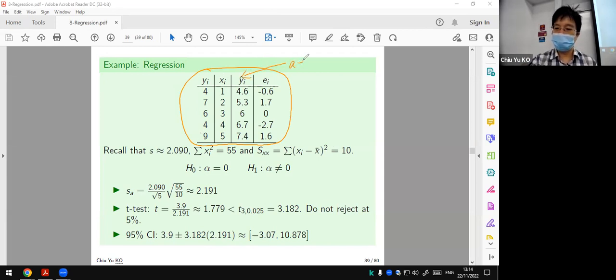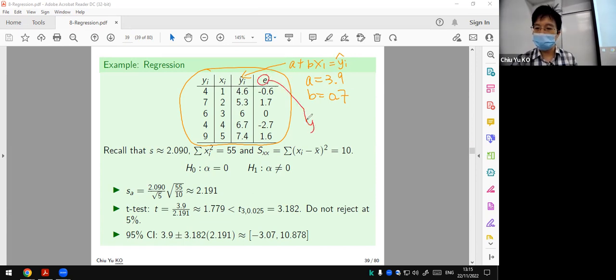This is A plus B X I, and in this example, A is 3.9, B is 0.07. You can plug in and calculate the Y I hat, and E will be, just to remind you, Y I minus Y I hat.